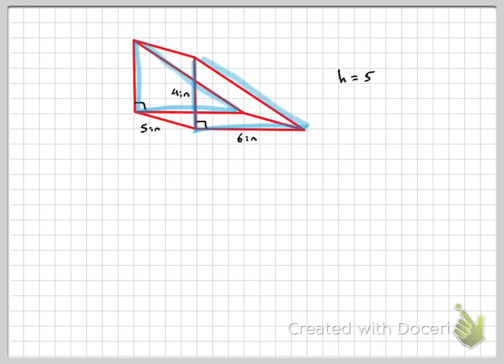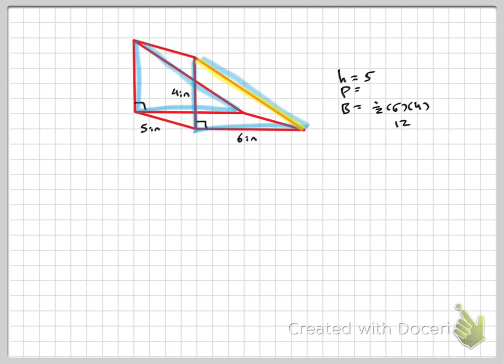For our area, it's a right triangle, so I can do 1/2 base times height, 1/2 6 times 4. Area of a triangle formula. Well, 6 times 4 is 24, divided by 2, so that's going to be 12. To find our perimeter is going to take a little extra work because we need this yellow length to get our total perimeter of our base, right?